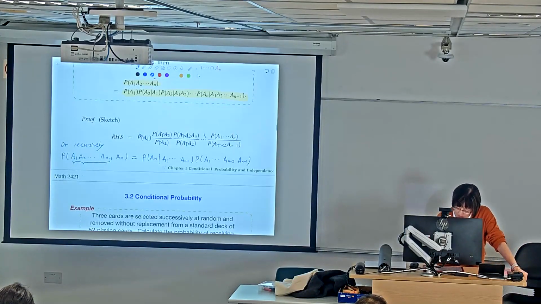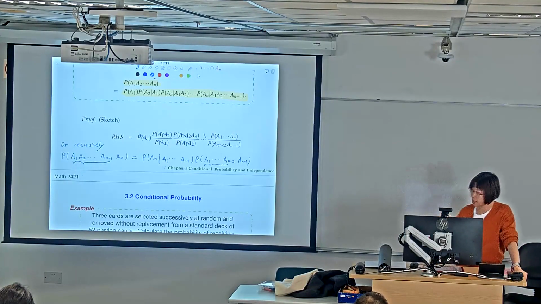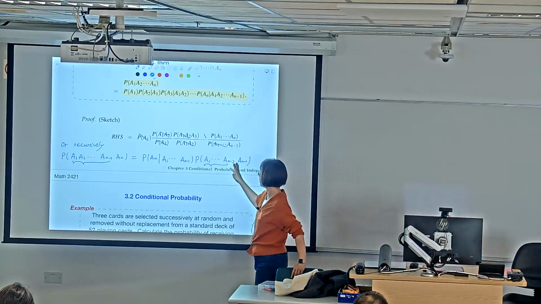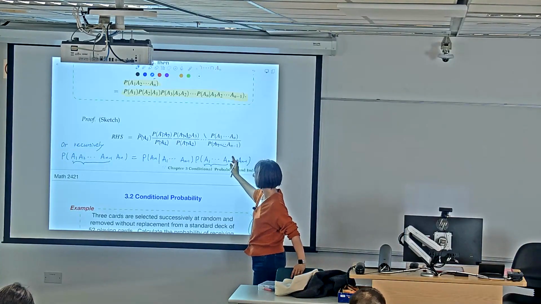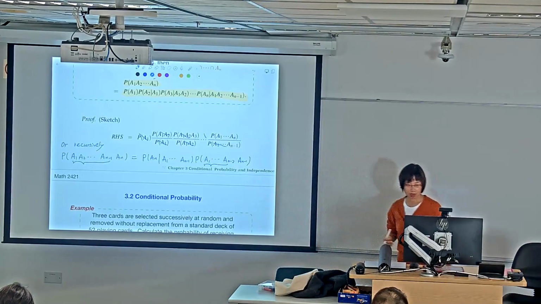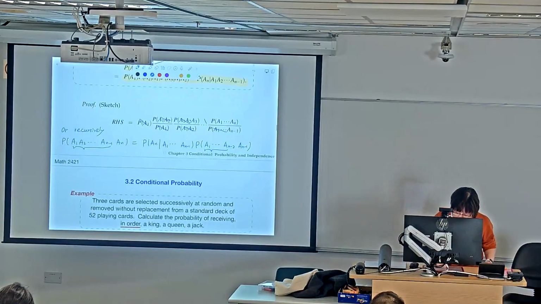Then apply the multiplication rule again for this intersection of n minus 1 events. You can still view it as the intersection of this part intersect An minus 1 and apply it one more time. Just apply it a couple of times.